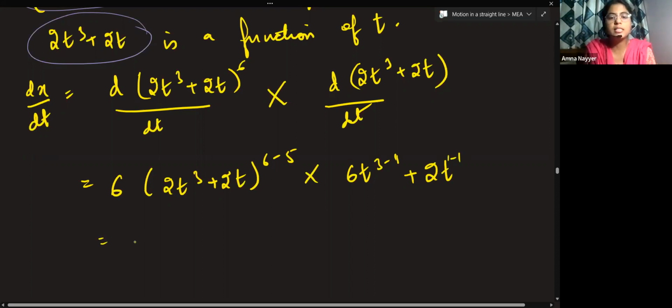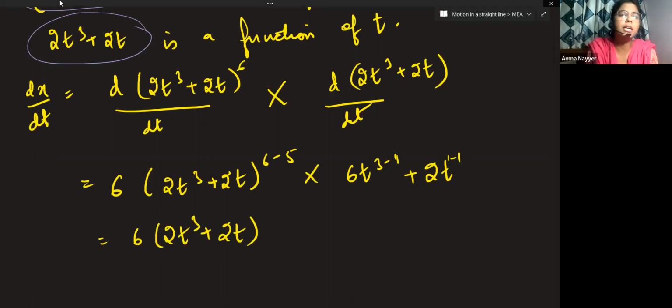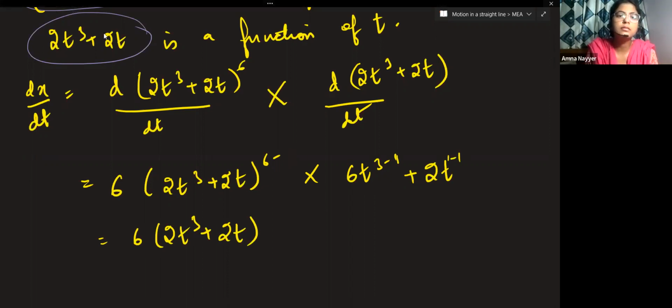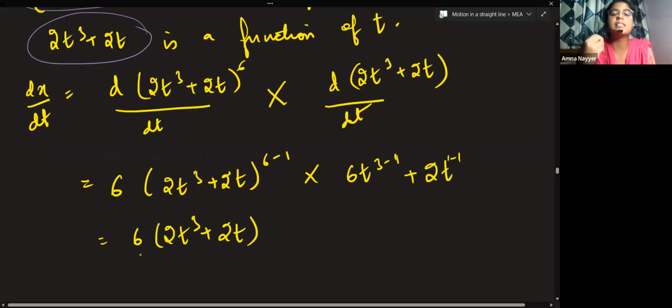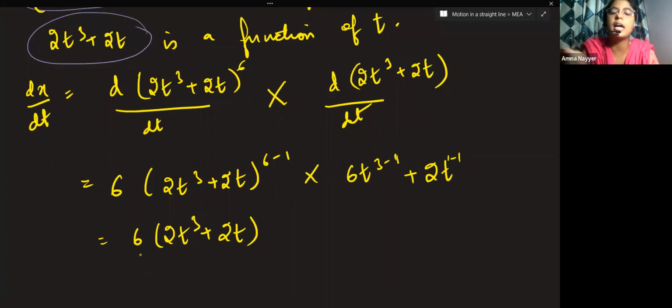This is 6 (2t cube plus 2t) to the power, not 5, 1. Here you have 1. This is 6 minus 1. So this becomes 6 (2t cube plus 2t), and what will be the power? 6 minus 1, that is 5.